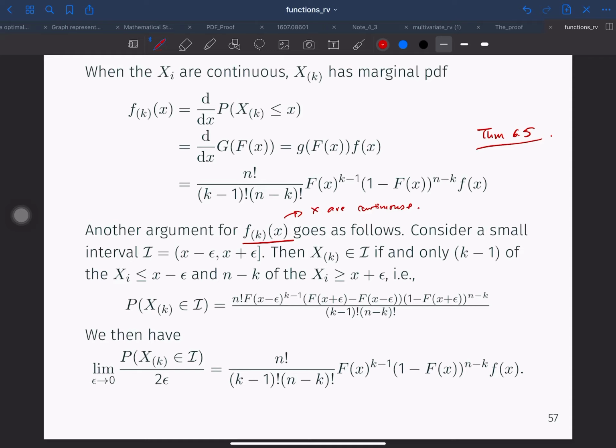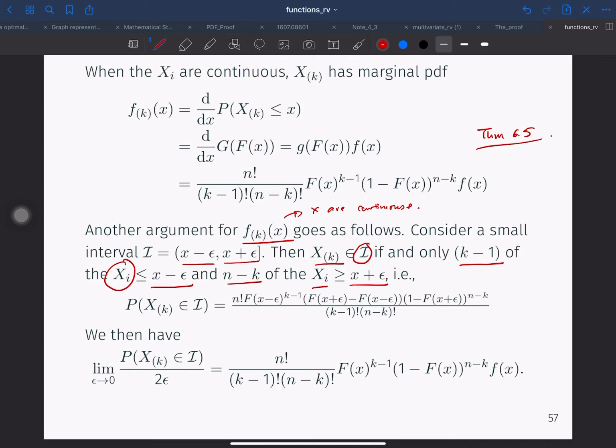Suppose I consider a small interval around x, so x minus epsilon up to x plus epsilon. Then the kth order statistic is in the interval if and only if k minus 1 of the original X_i are less than x minus epsilon, and the remaining n minus k of the X_i have to be bigger than x plus epsilon.